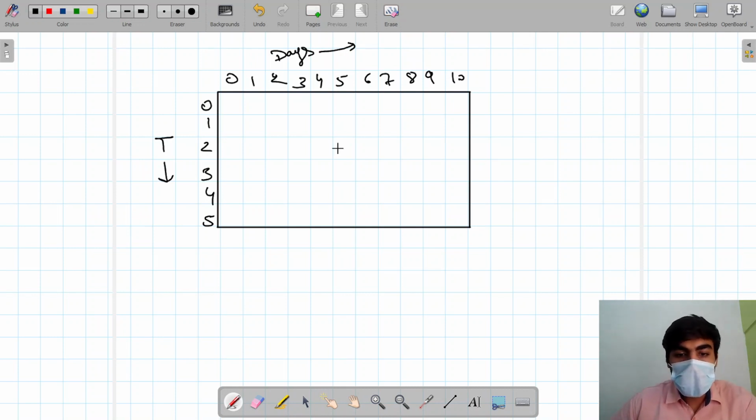So let's suppose at the 5th day we have to find out the maximum profit by doing 4 transactions. This is the transactions 4 row, and we have 5 days. So we have to find out the maximum profit at the 5th day by doing 4 transactions. There will be cases.